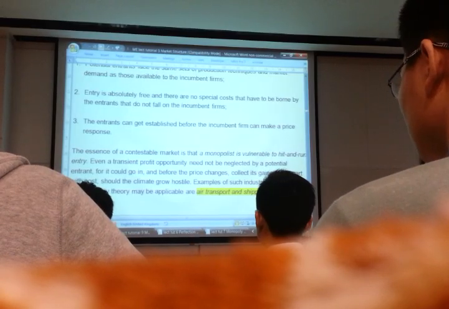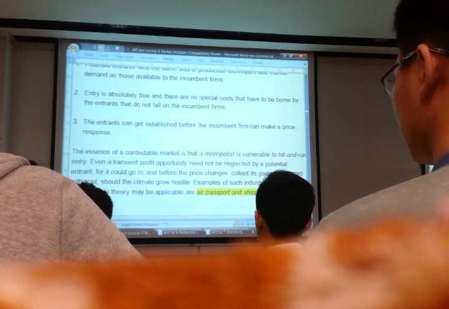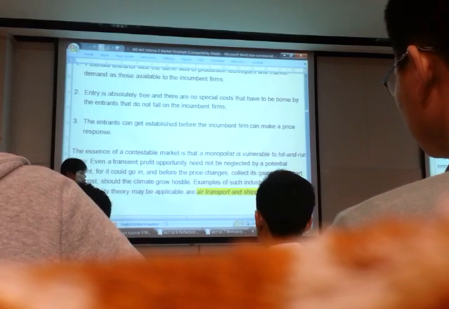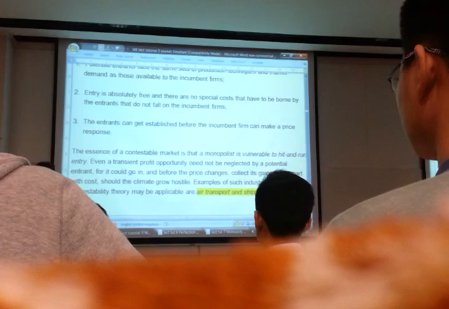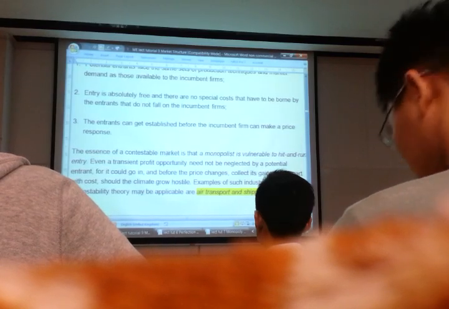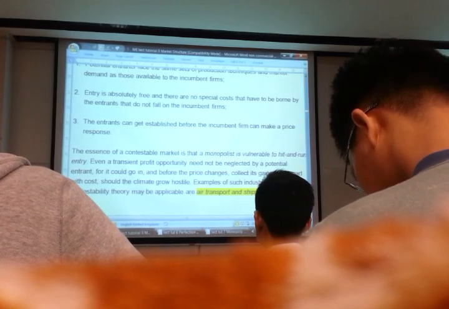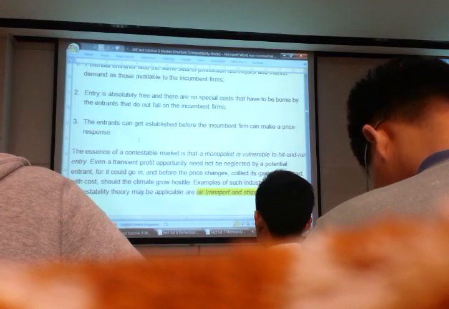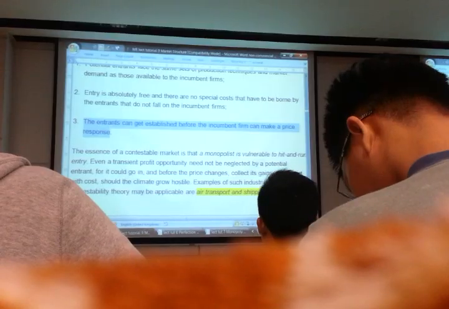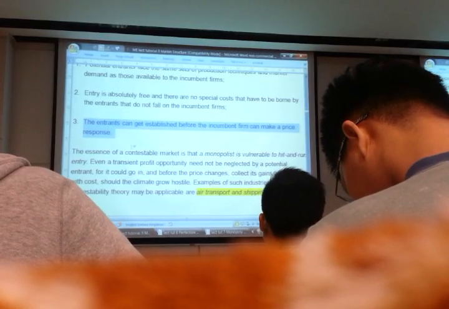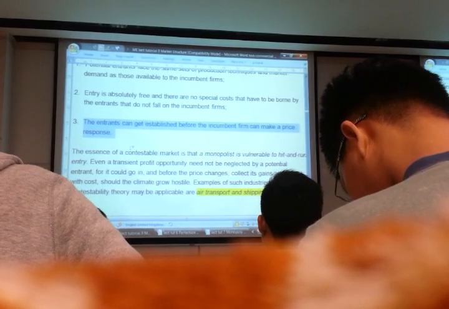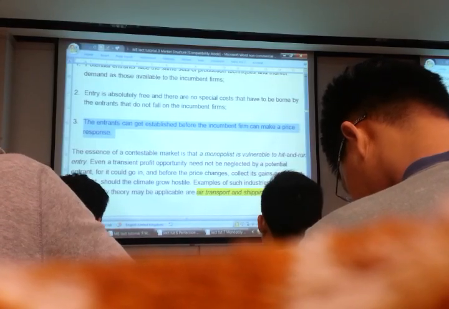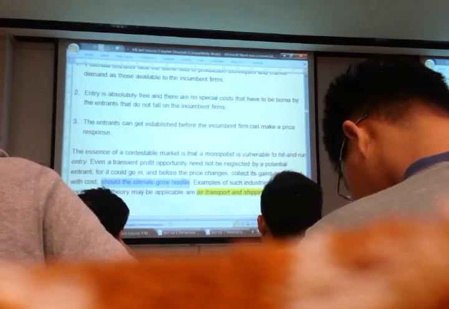All these shipping companies share more or less the same fixed cost. To them, it's the same thing. So if you're operating in a contestable market like air transport, any firm can just come in and do the shipping for you at that price. Once the entrant gets established, before the incumbent responds, and once the incumbent, the monopolist, responds, they can always move out again.